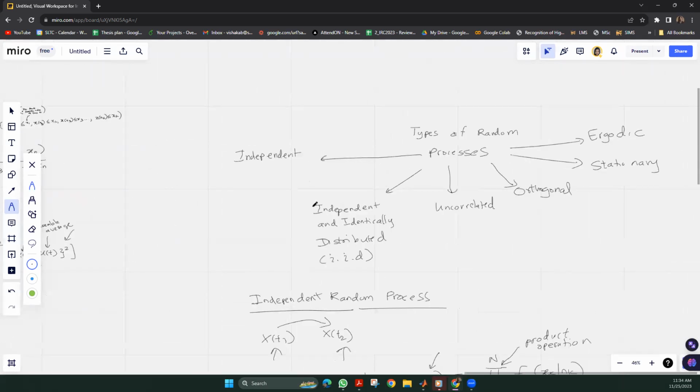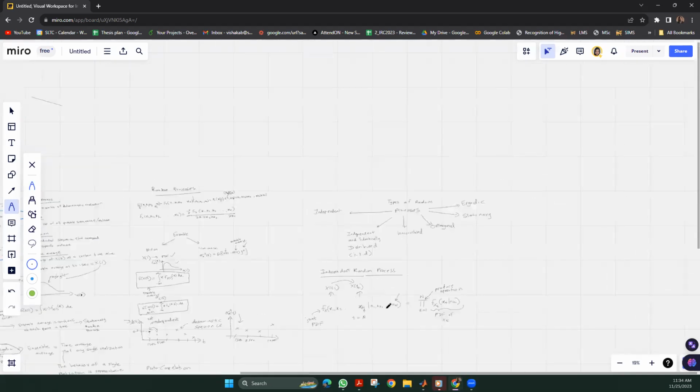Next, the second random process type we are going to consider is the independent and identically distributed random process.